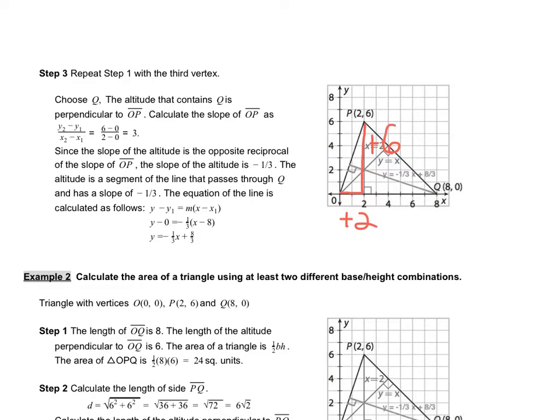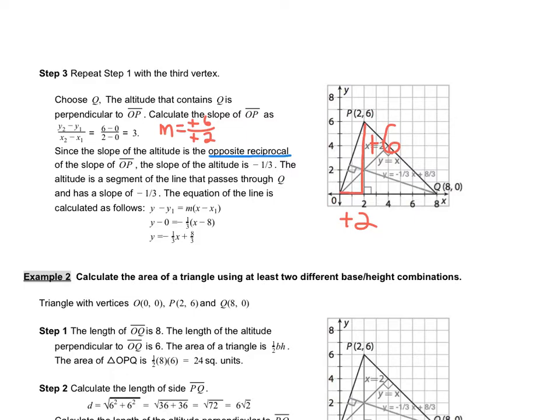So a rise of +6 and a run of +2, or if we use the end points of segment OP, either way, we get that the slope is 3.